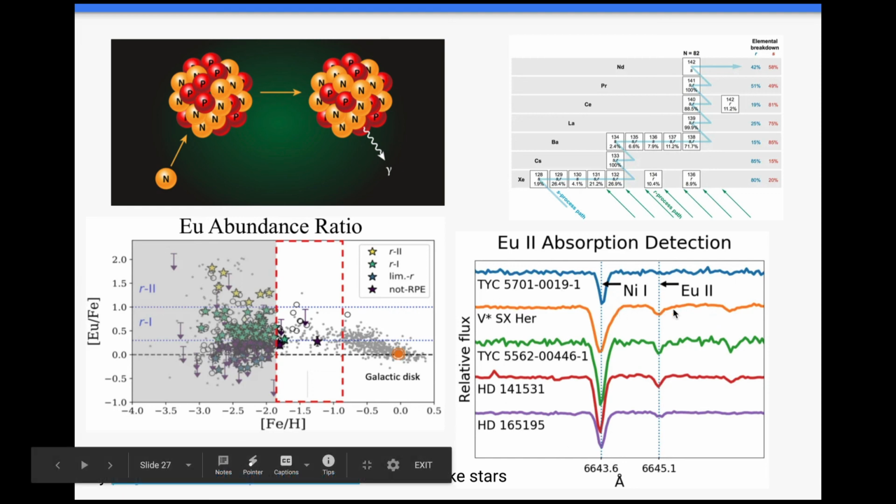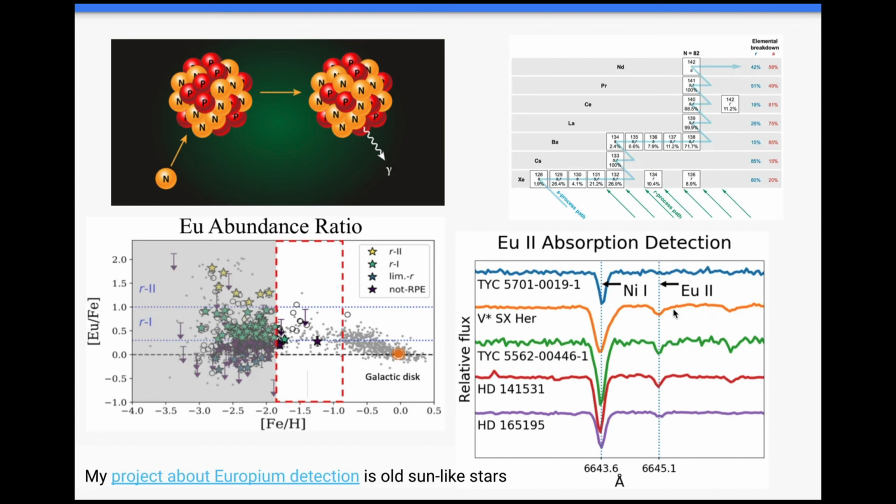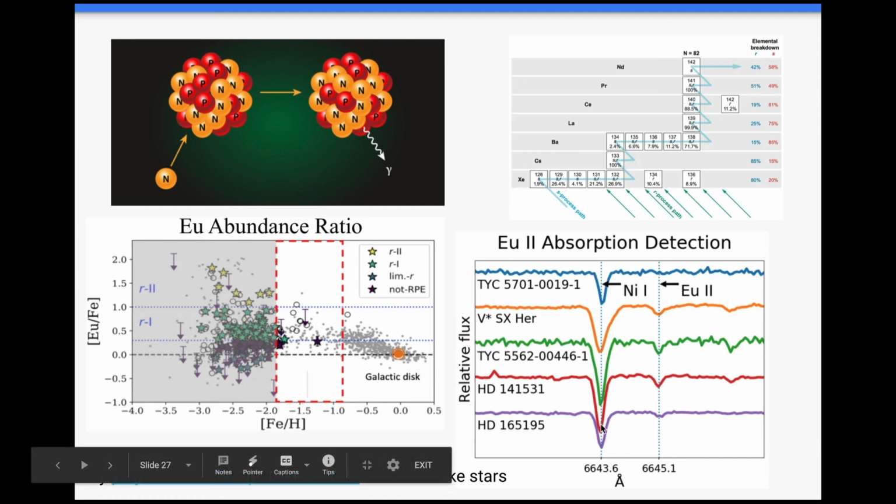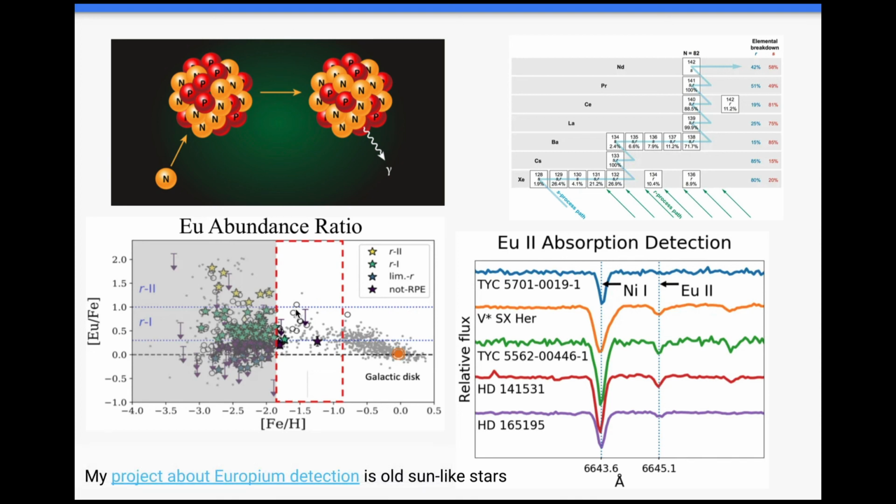The reason we were looking for europium as a way to look for R process elements is that europium's spectral signature happens to have an absorption feature, a little dip, that's very close to one of the lines of neutral nickel. So we can use nickel in the spectrum as a fingerprint since it's so close to the one we're actually looking for.